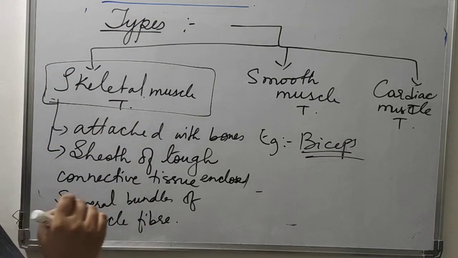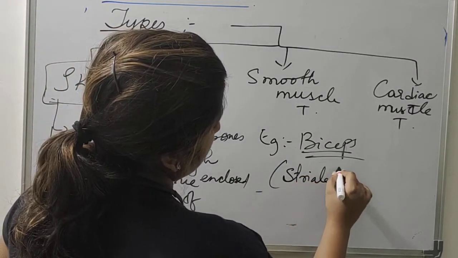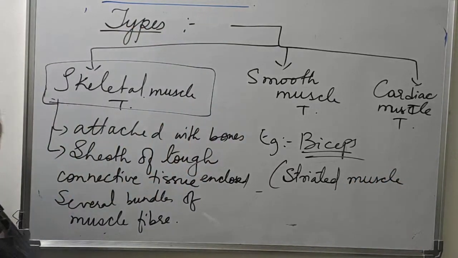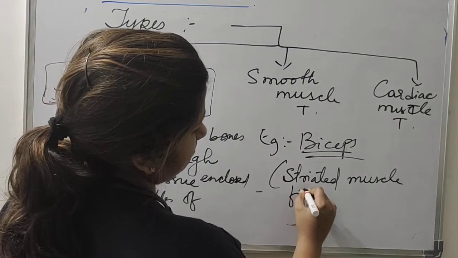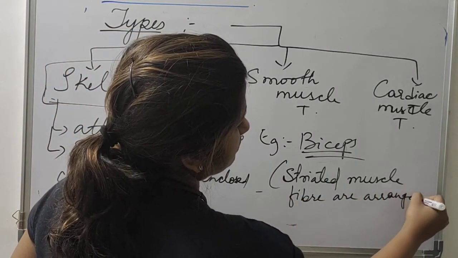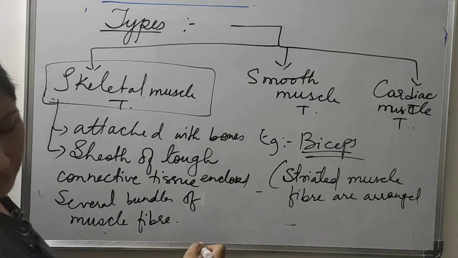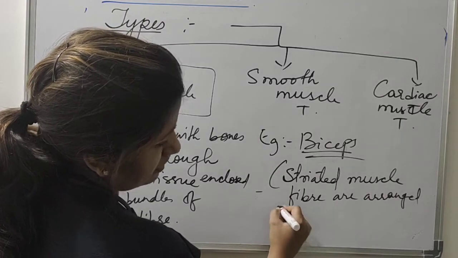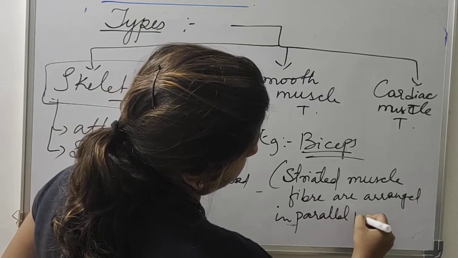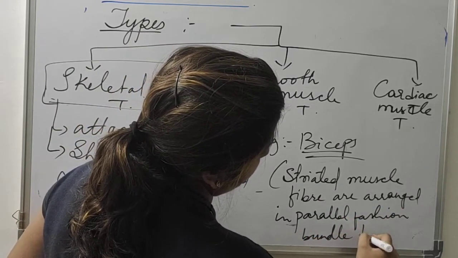The striated muscle fibers are arranged in parallel fashion, bundled together.